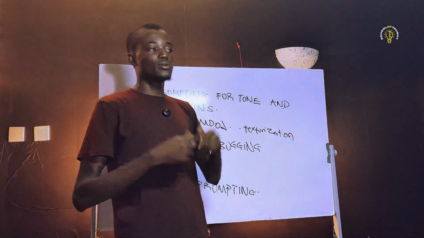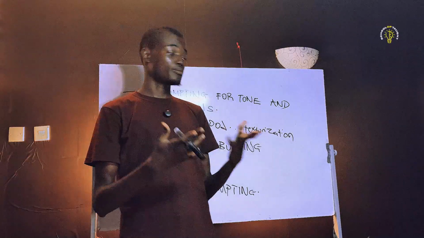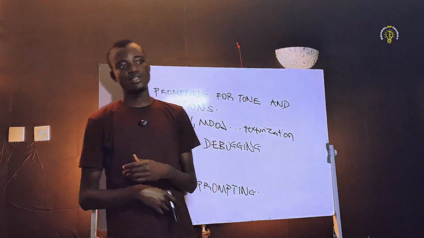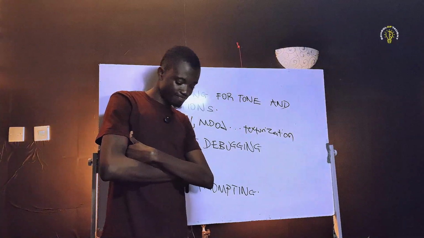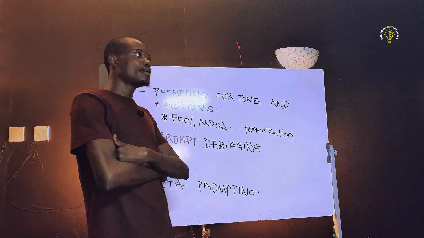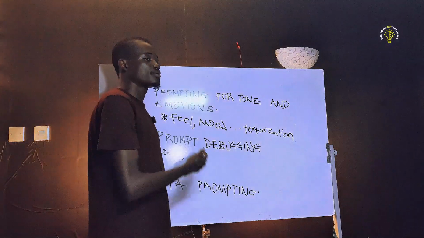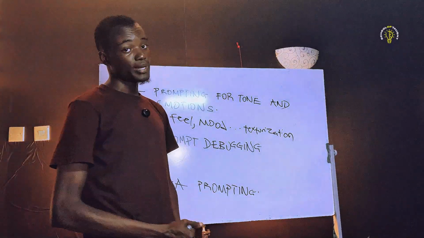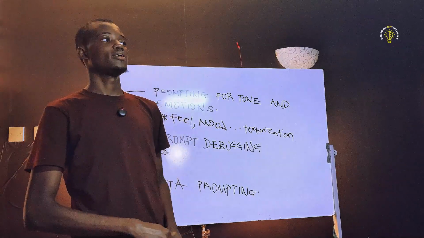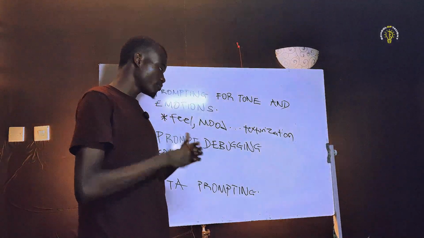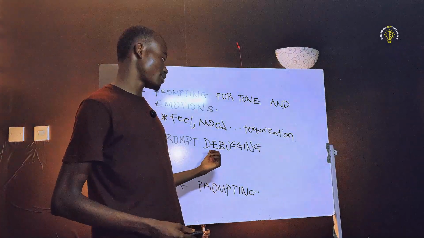Now, every good programmer, every good person in tech knows that you don't code an app once and expect it to work. It's the same way you don't prompt an AI and expect it to give you the best results. So that's what you should have in mind when next you are prompting.